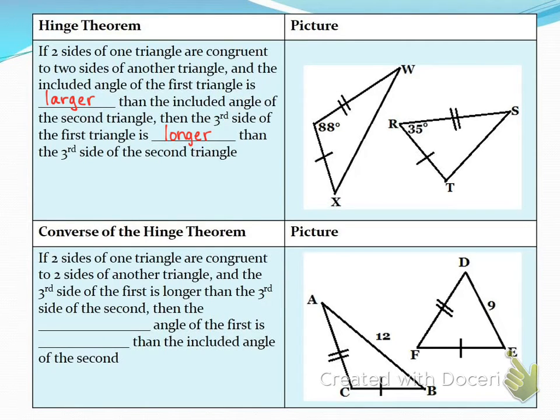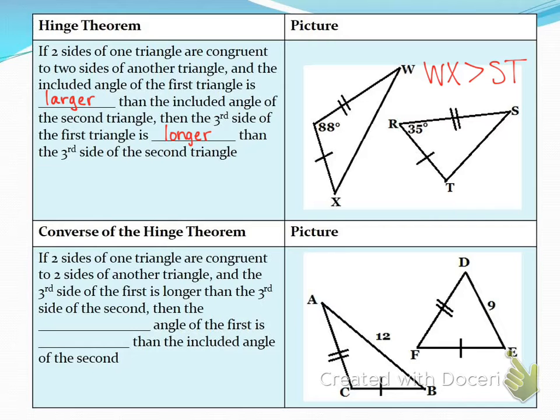So the third side of this first triangle being what side? We're just naming it with letters. WX is going to be greater than the third side of the other triangle, which is ST.